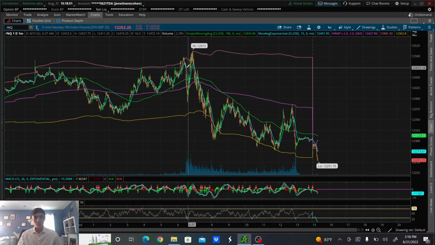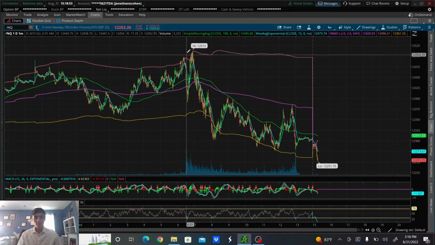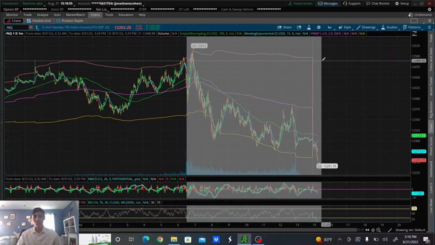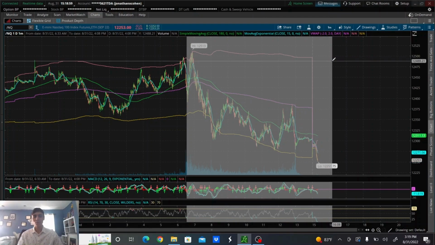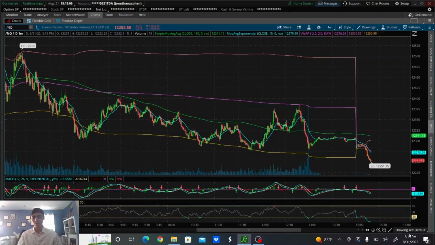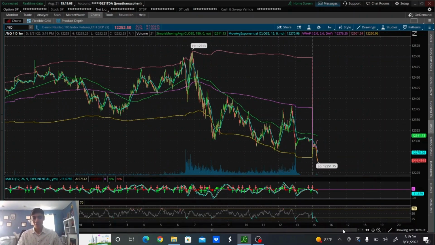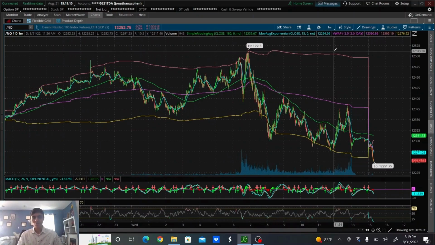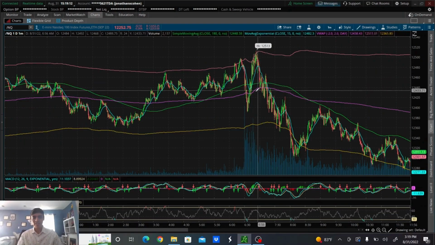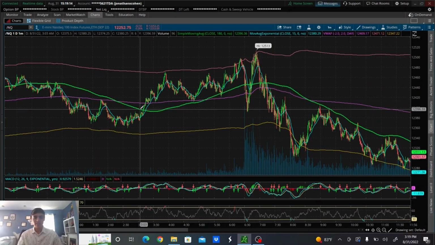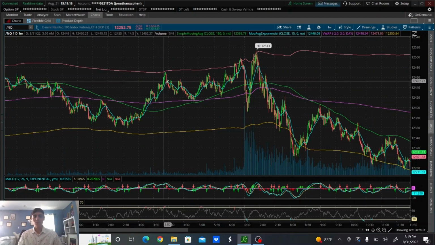So right when the market opened up, none of this, like I showed you in yesterday's video, is visible, right? Only the area to the left that isn't grayed out is basically what I'm seeing leading into the market open. And what I want to share with you guys is that leading into the pre-market, the Nasdaq was doing a great job of starting the uptrend a little bit, right?